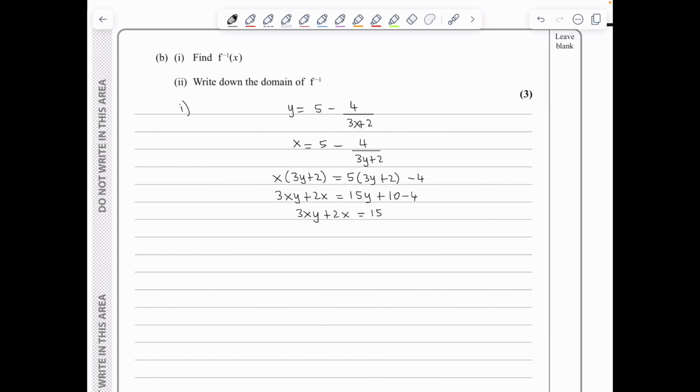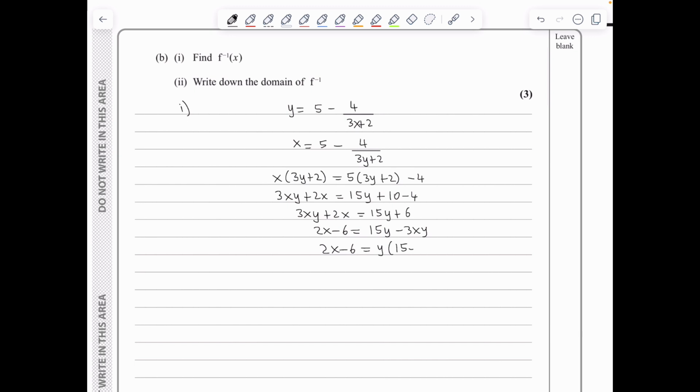I will now be collecting the y terms on the right hand side and the remaining terms on the left hand side. So I've got 2x minus 6 is 15y minus 3xy, and I notice I've got a common factor of y on the right hand side. So 2x minus 6 is y brackets 15 minus 3x.